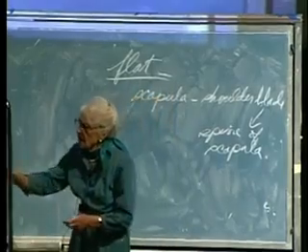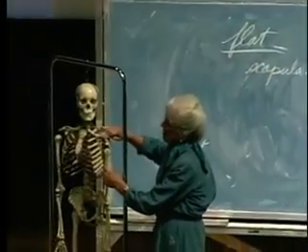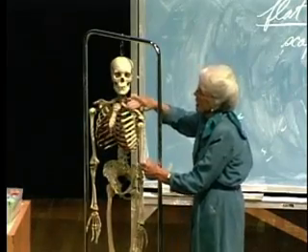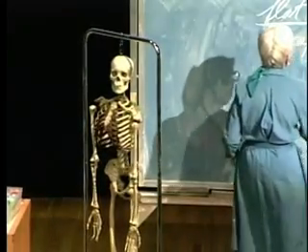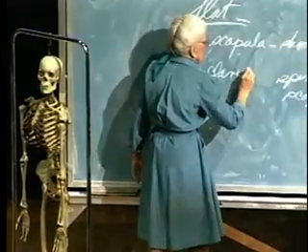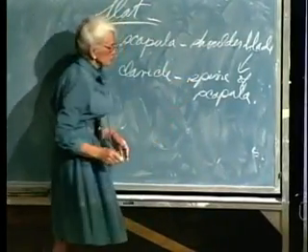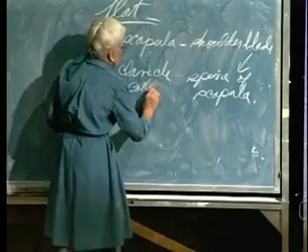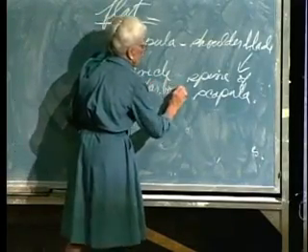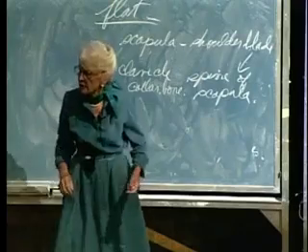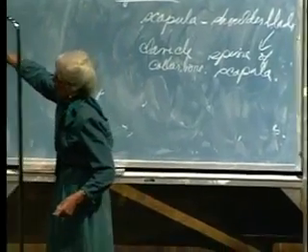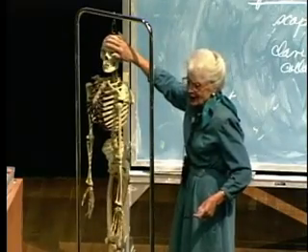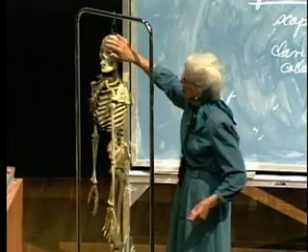Another one is the clavicle. What's the common name for your clavicle? Collarbone. We'll see these again when we put muscles on them. Then I'll give you two more that are in the skull. The one that's in front, what are you going to call the bone that's in front? Frontal bone. Don't always look for it hard. It can be easy.